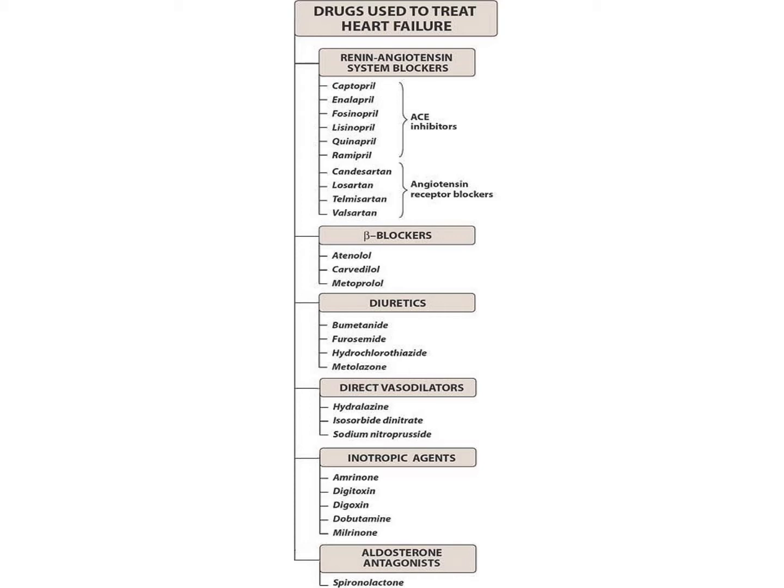The renin angiotensin system blockers, by which we mean ACE inhibitors like captopril, angiotensin receptor blockers like candesartan, beta blockers like atenolol, diuretics like furosemide, direct vasodilators like hydralazine and sodium nitroprusside, inotropic agents like amrinone, digoxin, and dobutamine, and the last one is the aldosterone antagonist like spironolactone.